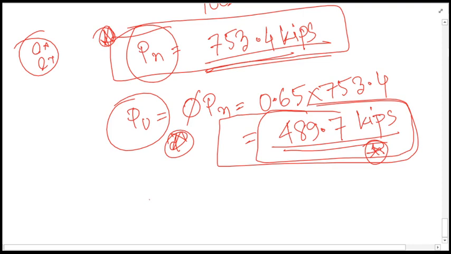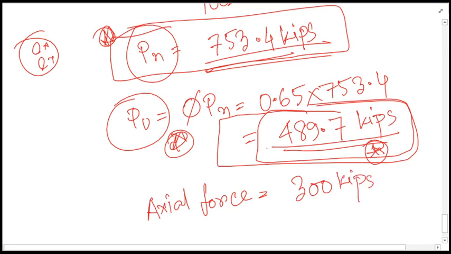resist. And as we have seen, the axial force we obtained was 300 kips. So as it is well below this, the column capacity for the axial force is well above the axial force which it is experiencing.